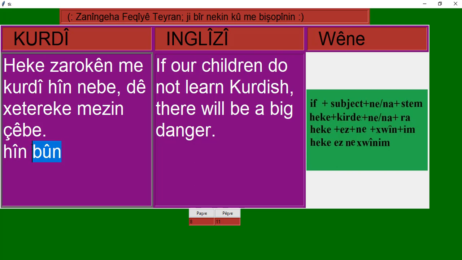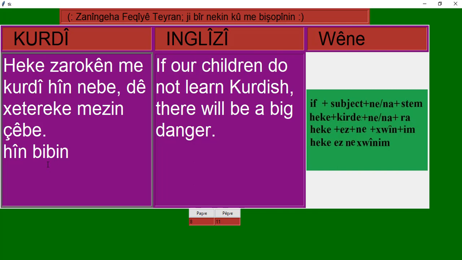It was b alone, and when we want to convert this to use for an if statement, we put b and hin b. So hin b is our stem, and when you say zaroken ma, which means they are our children. So zaroken ma hin, zaroken ma kurdi hin bibin.